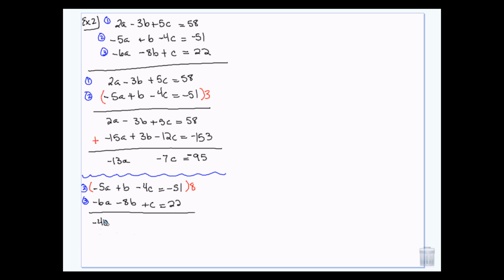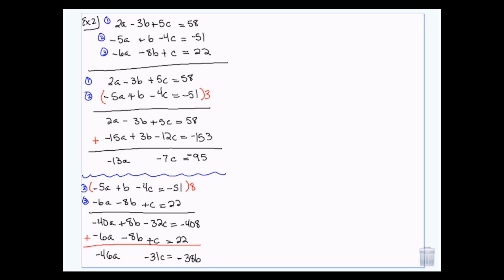So I have negative 40a plus 8b minus 32c is equal to 51 times 8, negative 408. And then the second equation is not changing. I'm going to add those together to get negative 46a minus 31c is equal to negative 386. And yes, these are large numbers, but that doesn't necessarily mean your answer is going to be large numbers.